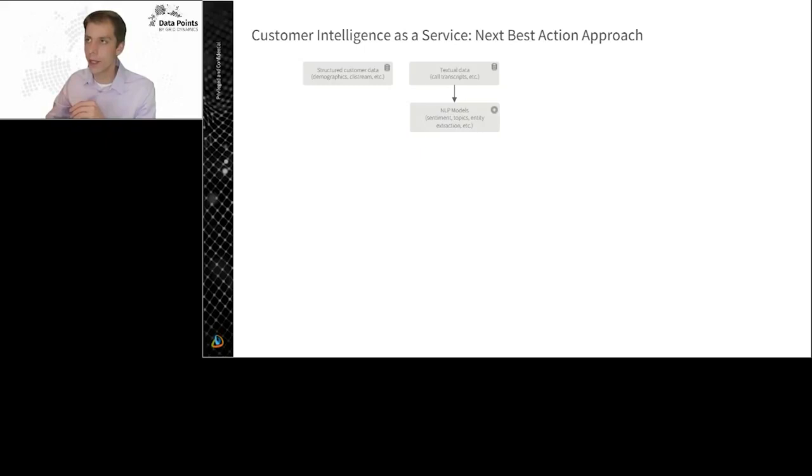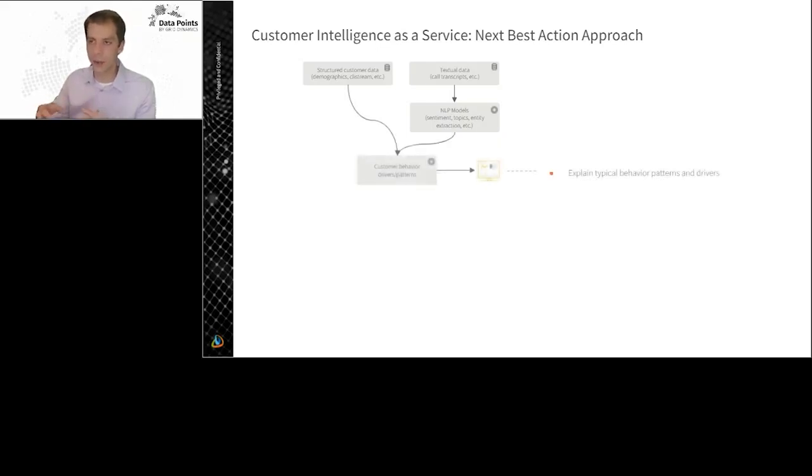So in this approach, many companies start with some structured data like customer demographic data and clickstream data, but there is also a lot of interest in incorporating textual data if it is available, such as call transcripts, and extracting information about customer sentiment and other entities from this textual data using NLP models.